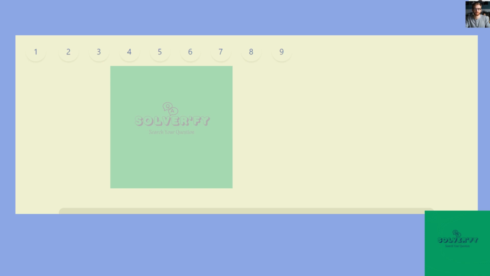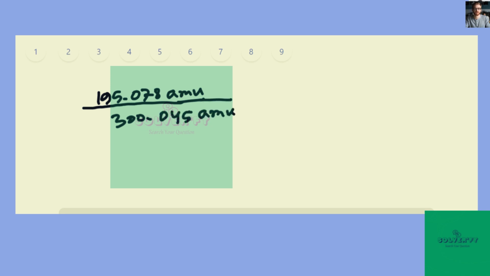Since we have only one platinum, we will put just the platinum's atomic weight on the top, 195.078 amu, and in the bottom we will have the formula weight which we just calculated as 300.045 amu, and we times it by 100%, and it will give us 65.01% as the mass percentage of platinum in PtCl2(NH3)2.